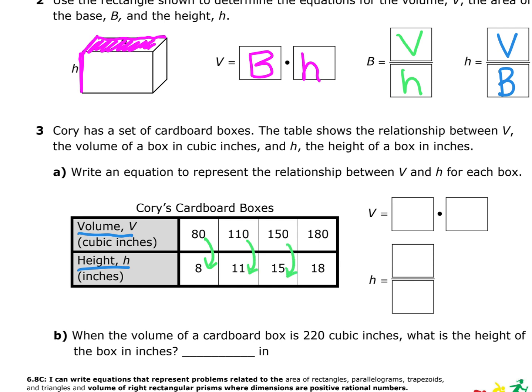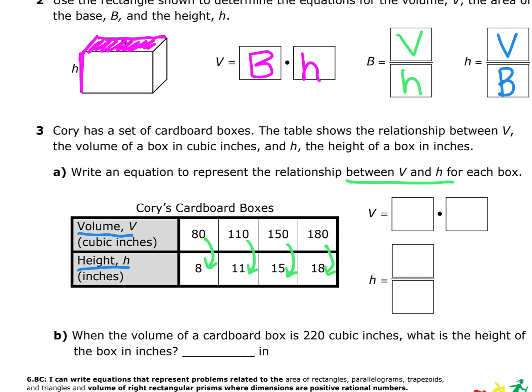And that relationship can go both ways. It can go from 8 to 80 as well, or in this case, it does say between volume and height. So I'm looking at that relationship from 80 to 8, and 110 to 11, or 150 to 15. The first thing you're going to say is, how do I go from 80 to 8?